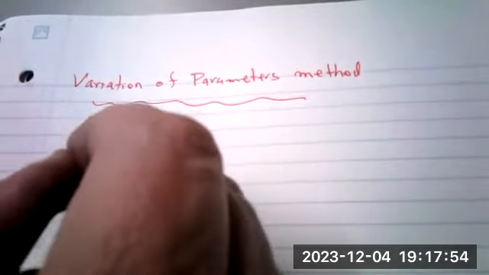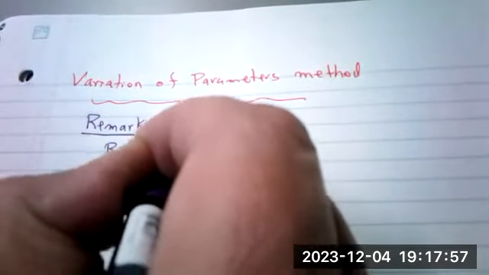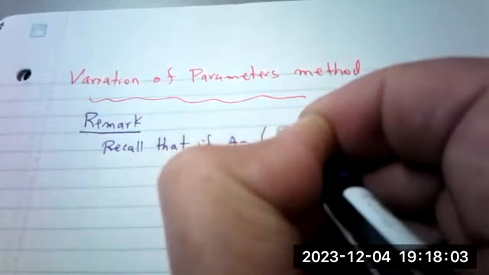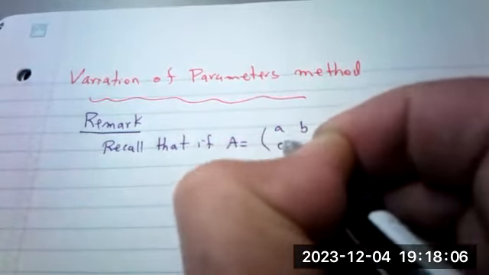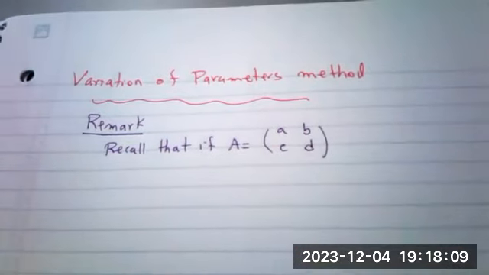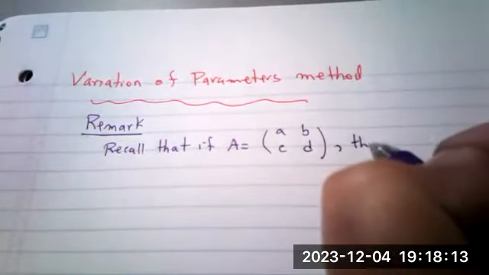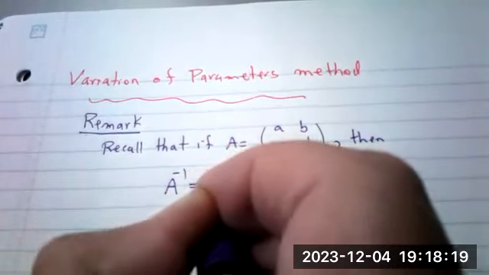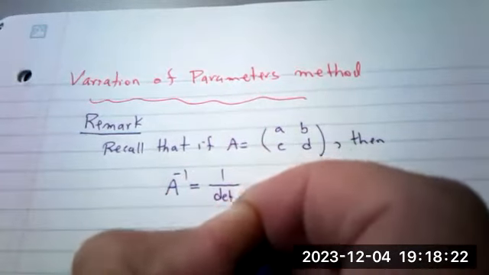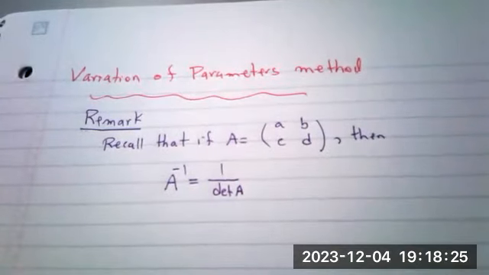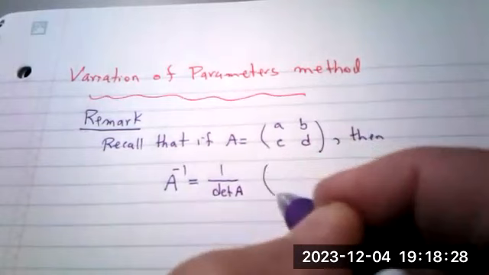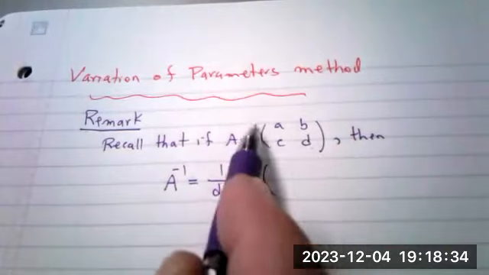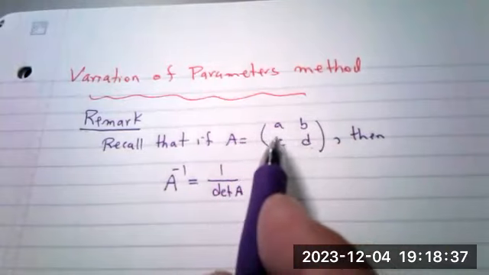So we just recall that if A is a 2 by 2 matrix, this is the only matrix that we have, the matrix of the coefficients, then the inverse, A inverse, is 1 over the determinant of A, where the determinant is a number, times the matrix where we switch the entries on the main diagonal.